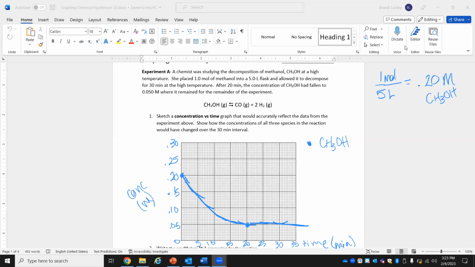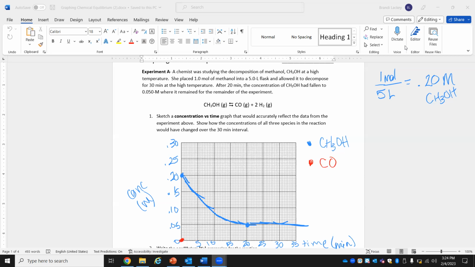I'll do carbon monoxide in red. Now, she did not initially put in carbon monoxide, so we're starting off with 0 carbon monoxide. And here's where your mole ratio comes in. In the reaction, there was 1 mole of methanol and 1 mole of carbon monoxide. So these are going to change at the same rate.